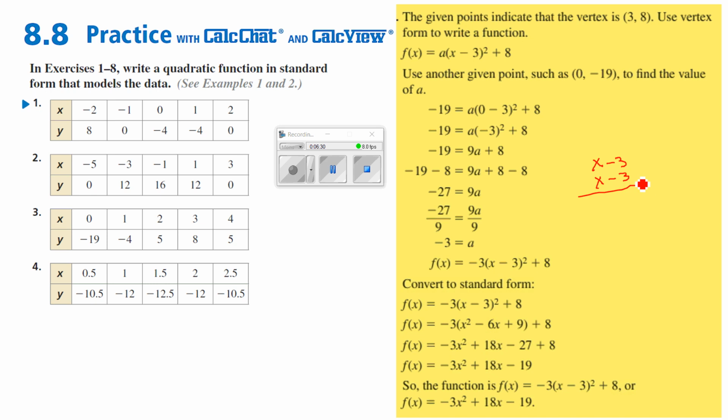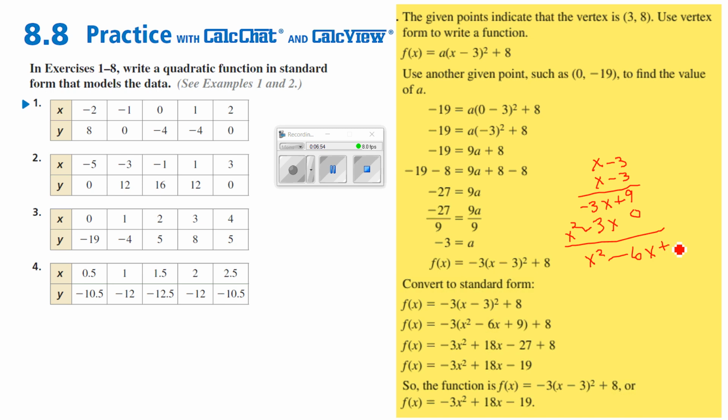Okay? Negative 3 times negative 3 is a positive 9. Negative 3 times x is negative 3x. Put the 0 here. Negative 3 times x again is negative 3x. And x times x is x squared. We add these together, we're going to get x squared minus 6x plus 9.